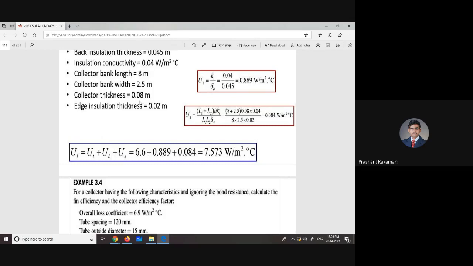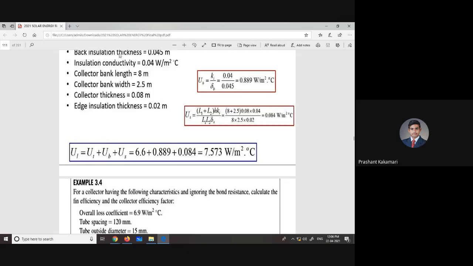That is 0.08 meters, into the conductivity of the insulation material. For the side insulation material, the conductivity is 0.04 watt per meter degree centigrade, as given. Then the edge insulation thickness. The insulation for both bottom and side is the same conductivity, but the thicknesses are different.